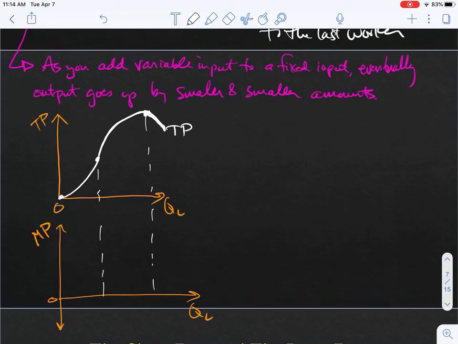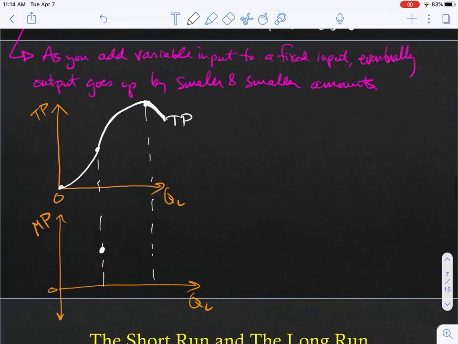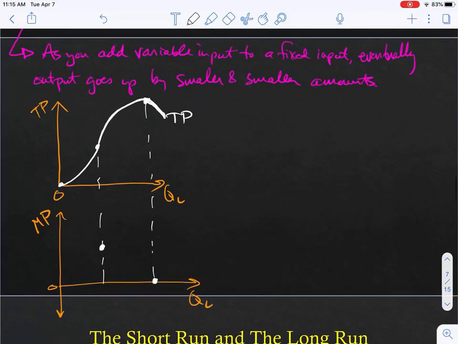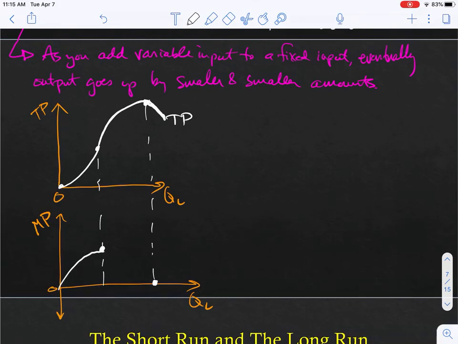So then what does the marginal product of labor look like? Well, the marginal product of labor is actually at its peak when total product is going up at its fastest rate. And then here where it maxes out and starts to go negative, marginal product of labor is actually 0. So the marginal product of labor looks something like this.